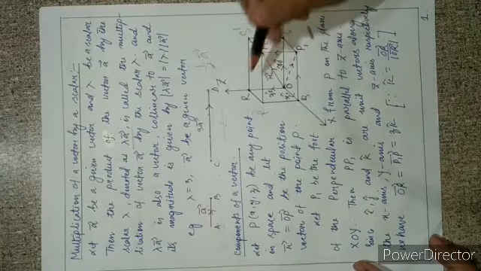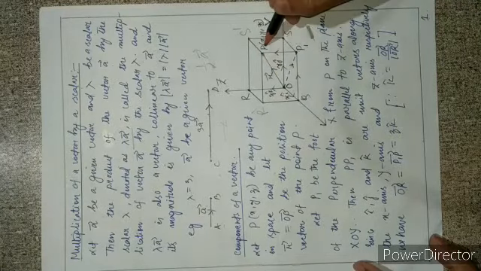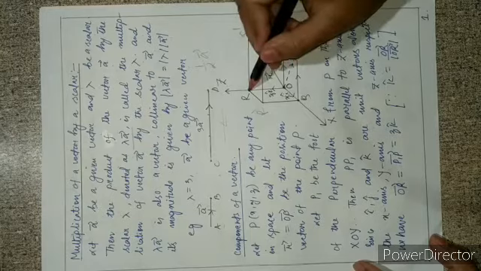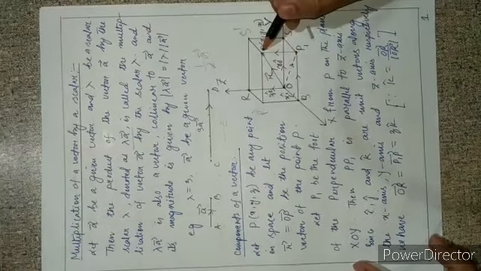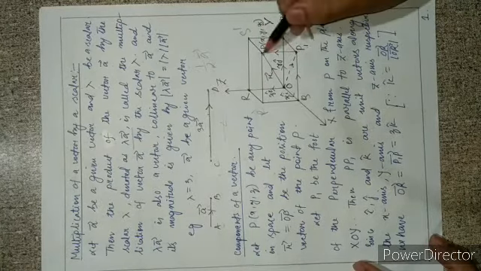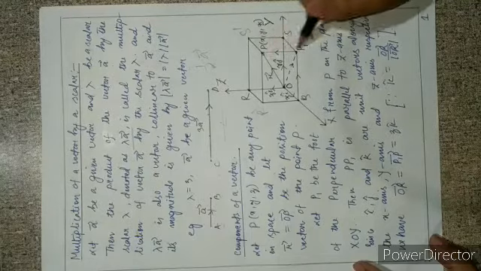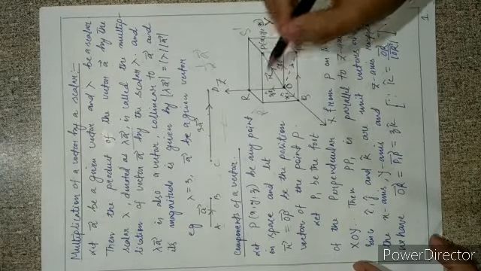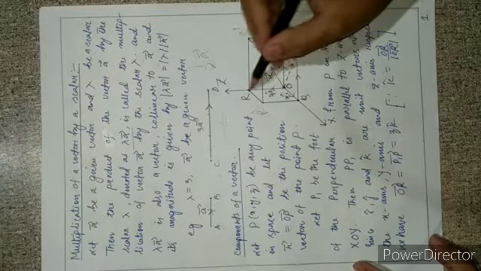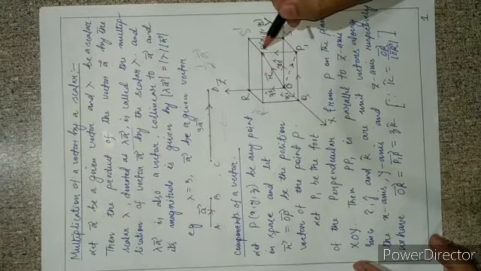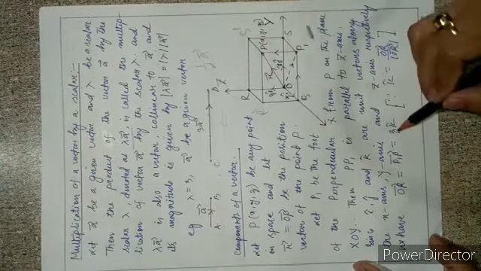We have this OR vector. This OR vector will be equal to P1P vector. Think of the concept of a box, where opposite corners have equal lengths. Then OR vector will be equal to P1P vector, which is equal to z k cap.